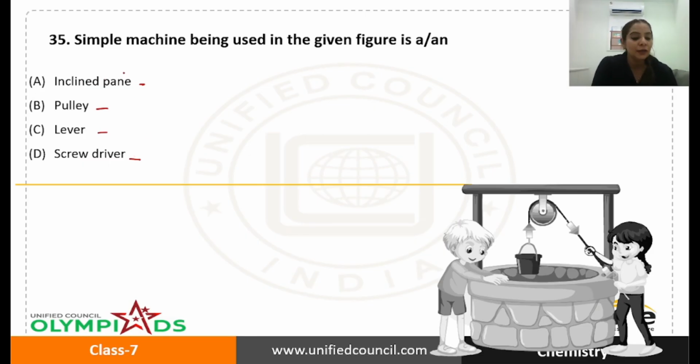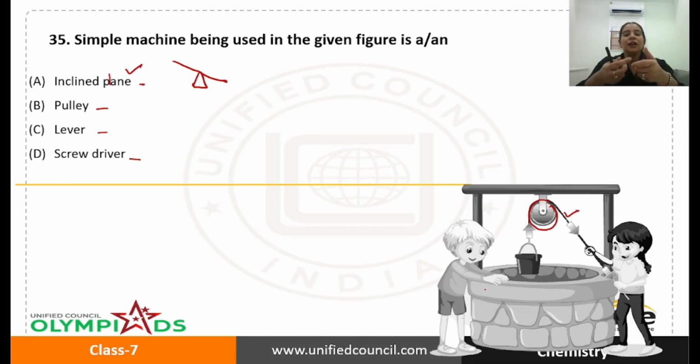Like if I talk about inclined plane, what is it? Inclined plane is basically, you can say, a beam which is having a fulcrum. This way you can show it. This is an inclined plane. If I talk about pulley, this is a pulley. It has a grooved wheel, and you see that through this grooved wheel a rope moves, and it is used to pull something.